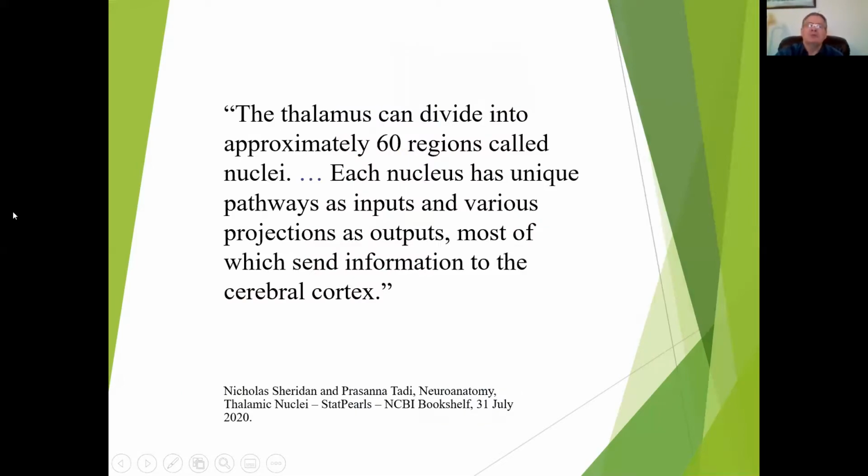Now, according to Nicholas Sheridan and Prasanna Tadi, the thalamus can be divided into approximately 60 regions called nuclei. Each nucleus has unique pathways as inputs and various projections as outputs, most of which send information to the cerebral cortex. How could this setup be designed without deliberate intelligent engineering?